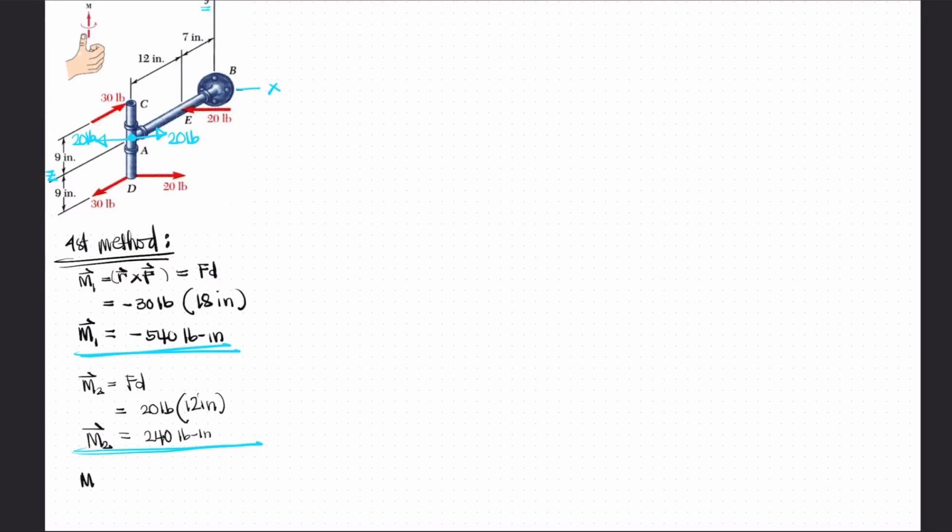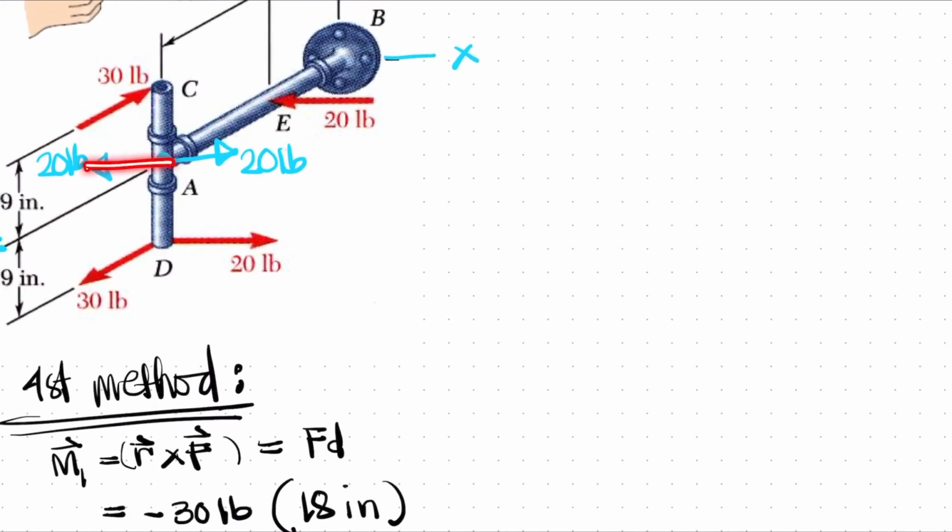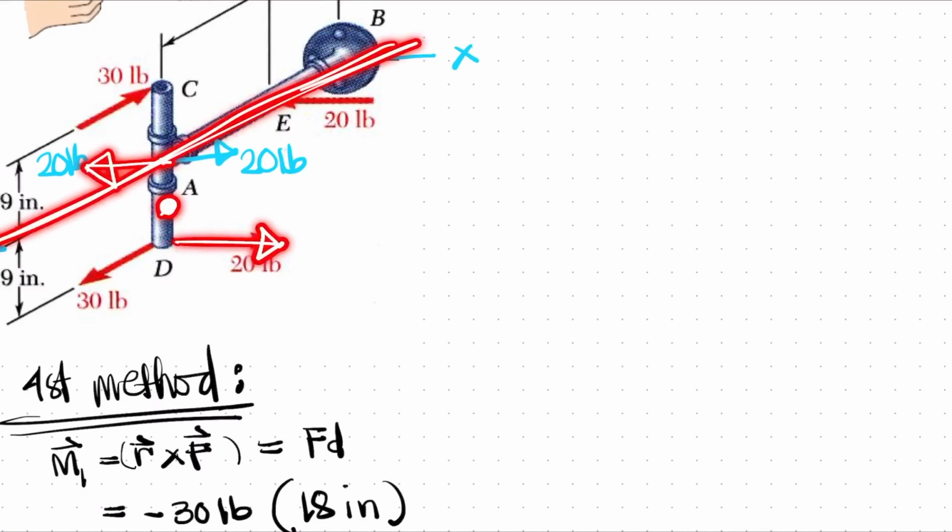Last couple, M3. Force times perpendicular distance. Again, use your right hand. Your thumb is pointing towards you. For the z-axis, if it points towards you that is positive, but if it points away from you the value is negative.